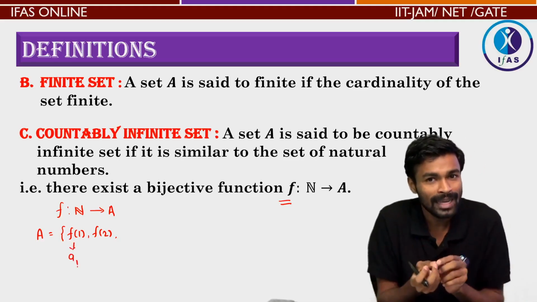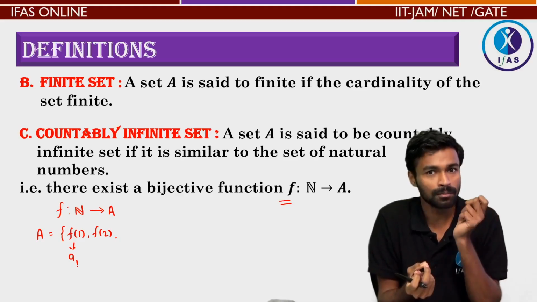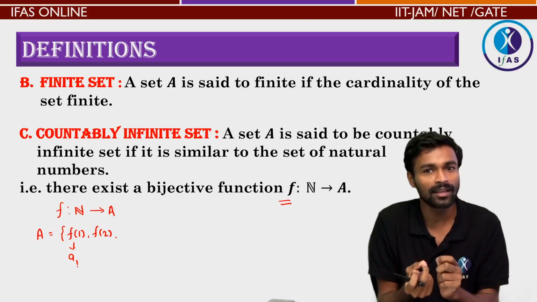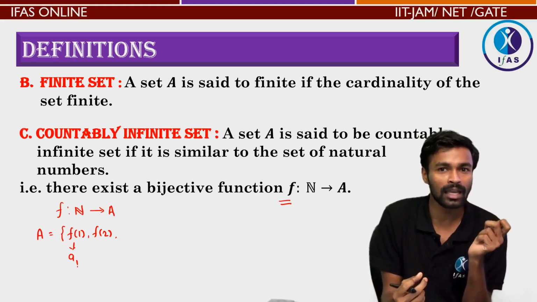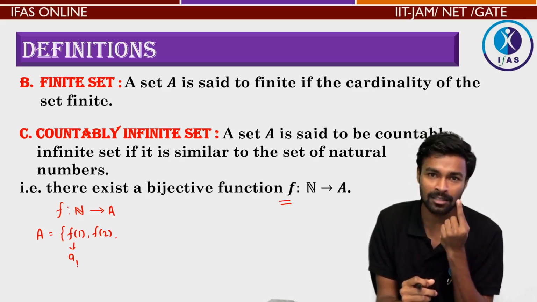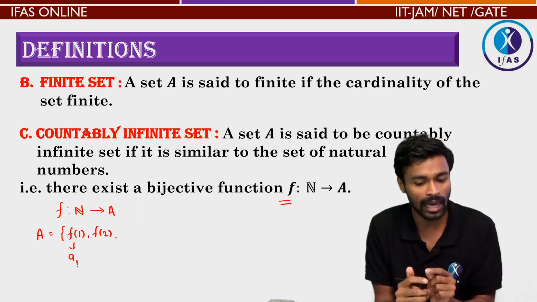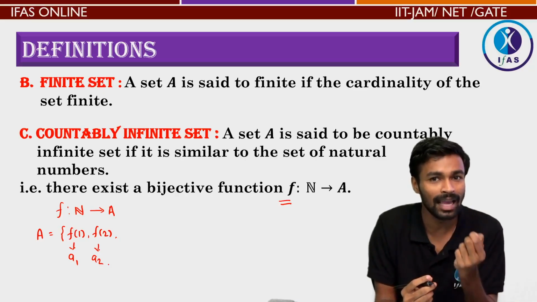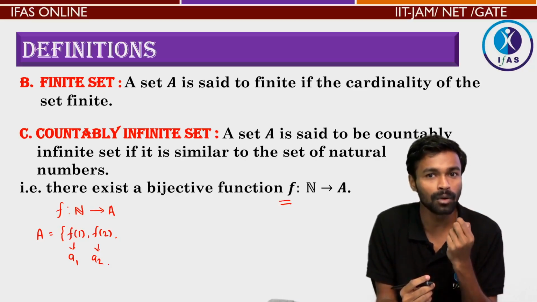It has exactly one preimage because the function f is a one-one function. Again f of 2, I will take as my A2, and its preimage is again exactly one.